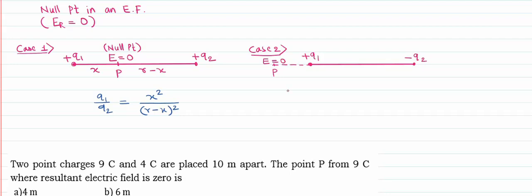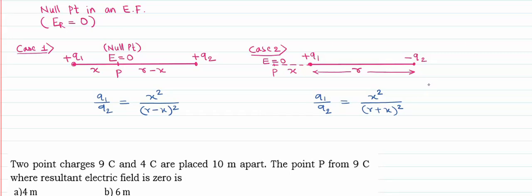From Q1, I will take this distance as x, and the distance between the two charges is R. Since the point is outside, the shortcut formula to find x will be Q1 by Q2 is equal to x square divided by (R plus x) whole square.